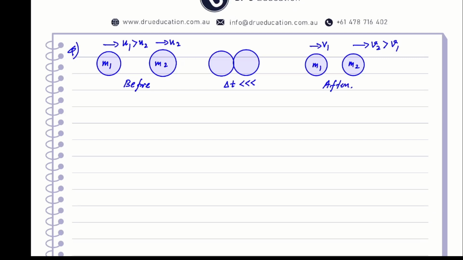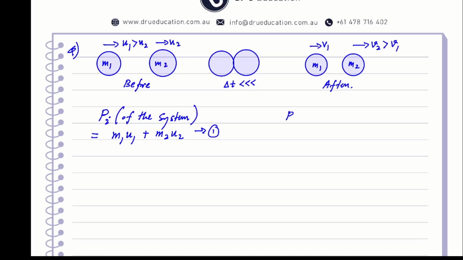So if you calculate the momentum before, I would say the initial momentum of the system, you should get m1 u1 plus m2 u2, right?